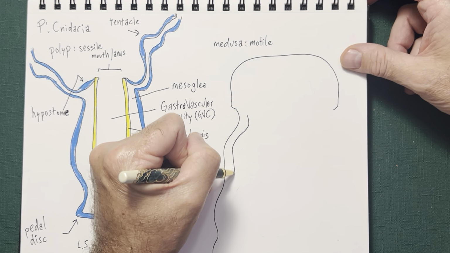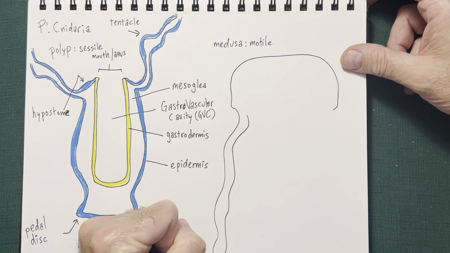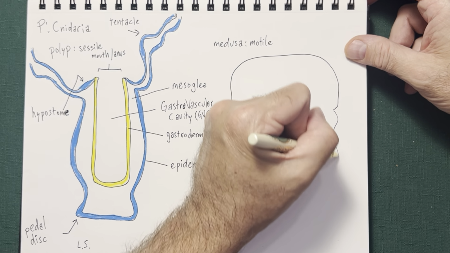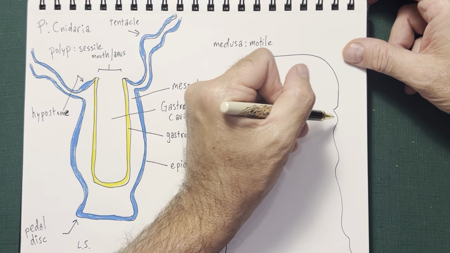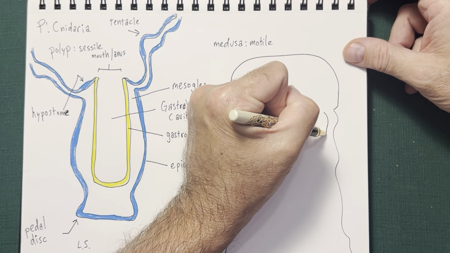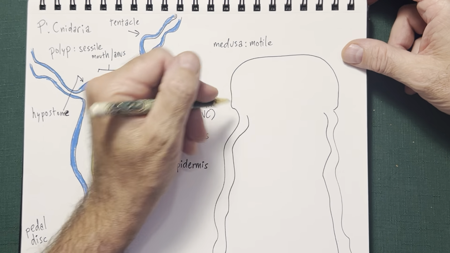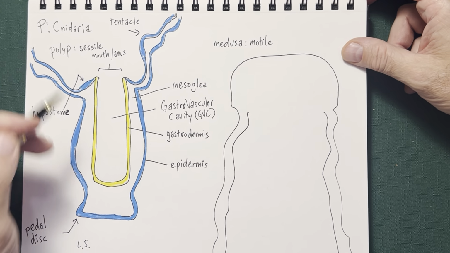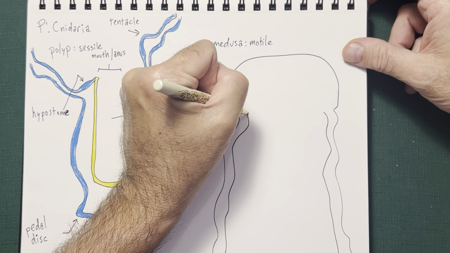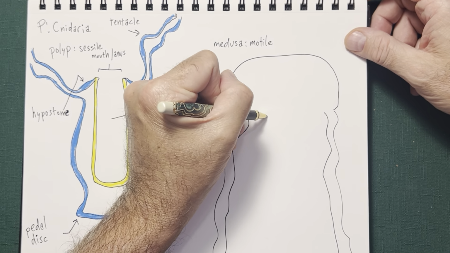And another way of thinking about a medusa form is it's like your typical jellyfish. And that's what we're drawing here. I'm not giving myself much room here to double up these lines because I'm going to do just what I did over here on our medusa form.